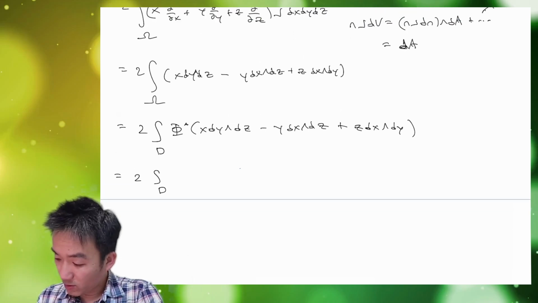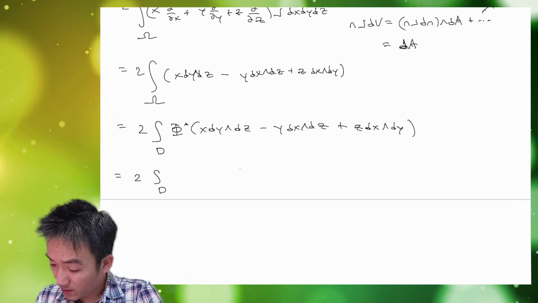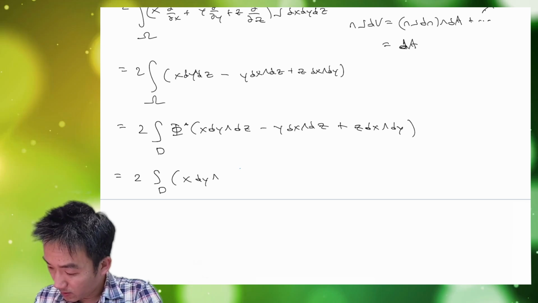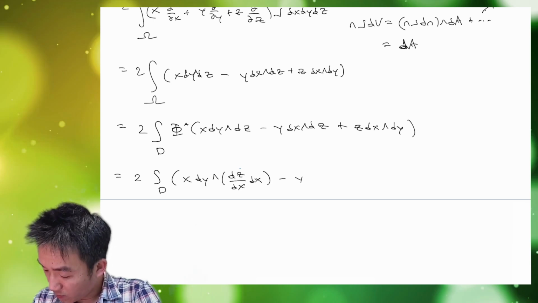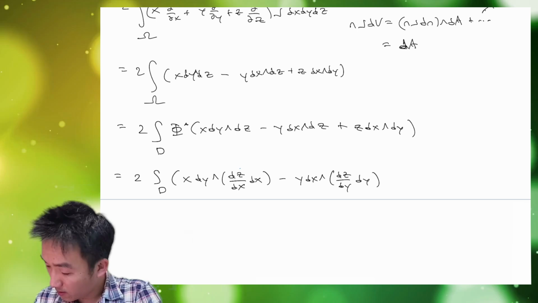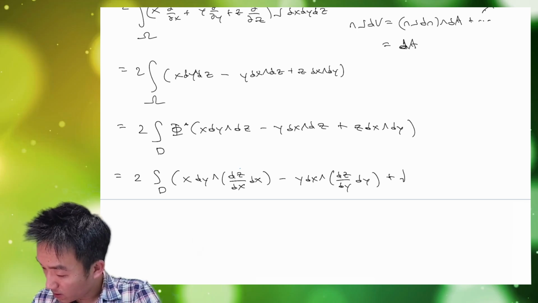Okay, so what this ends up being is x dy wedge dz, dx minus y dx wedge dz, dy plus (1 minus x squared minus y squared) dx dy.